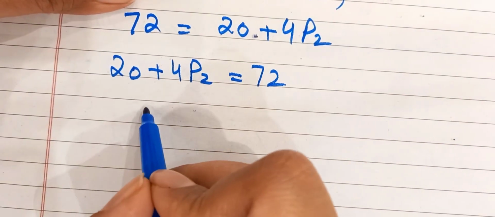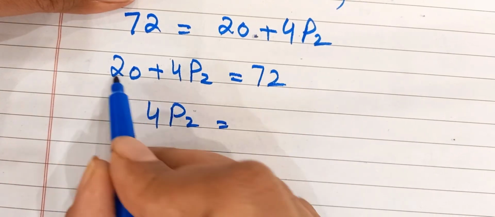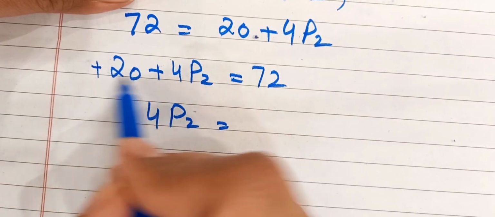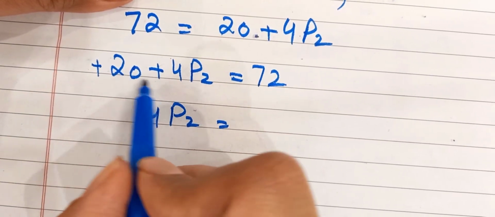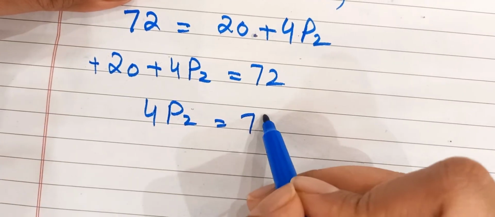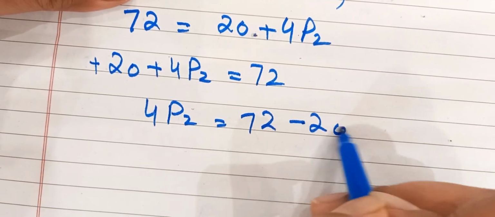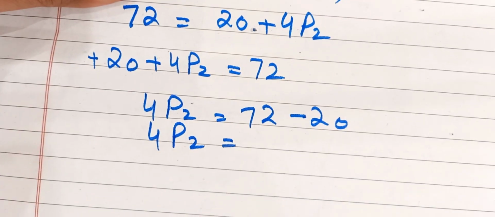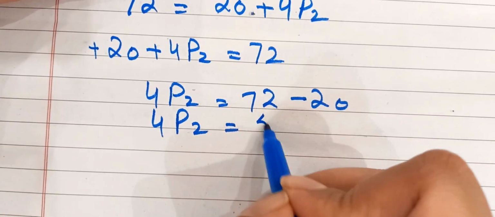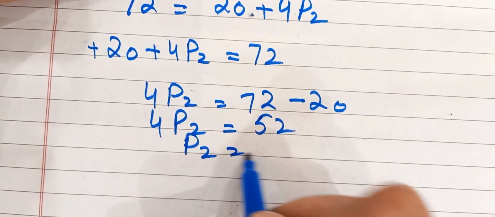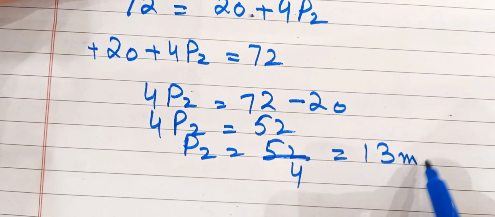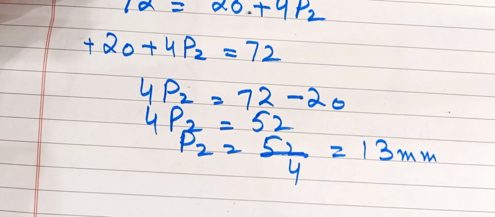Now I don't need this 20 here. 4 P2 is equal to 72 minus 20, because here it is being added, so here it will subtract. 4 P2 is equal to 52, and P2 will be 52 by 4, which is equal to 13 mm, which is the dimension of our second parallel side.